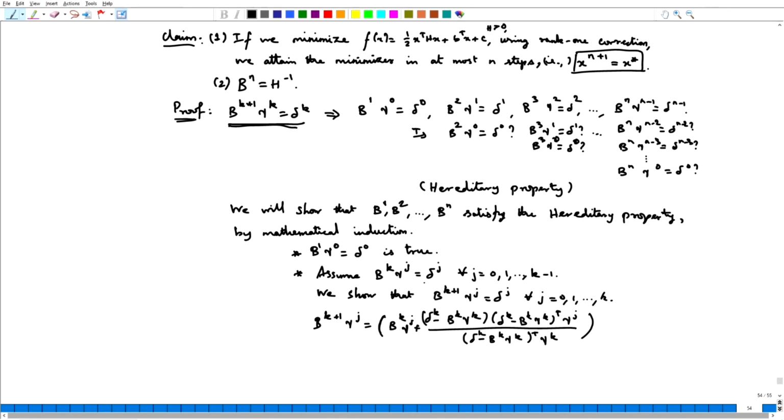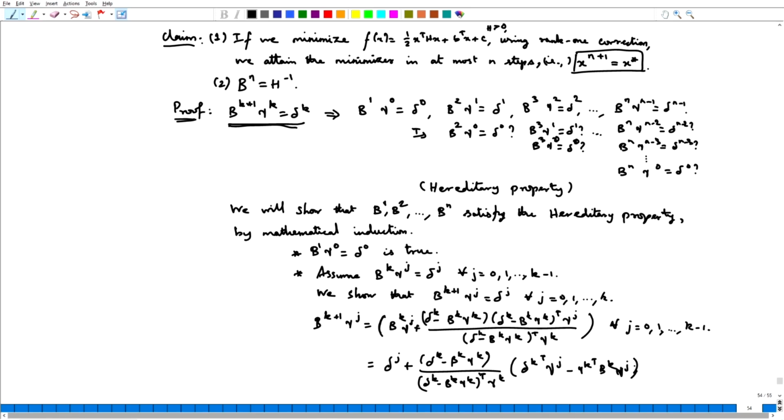But we know that Bk gamma j is delta j if j is not equal to k; j equal to k we will deal with later. So, this is for all j equal to 0 to k minus 1. So, Bk gamma j is delta j. So, delta j plus delta k minus Bk gamma k by delta k minus Bk gamma k transpose gamma k, and we will deal with the last case alone: delta k transpose gamma j minus gamma k transpose Bk gamma j.